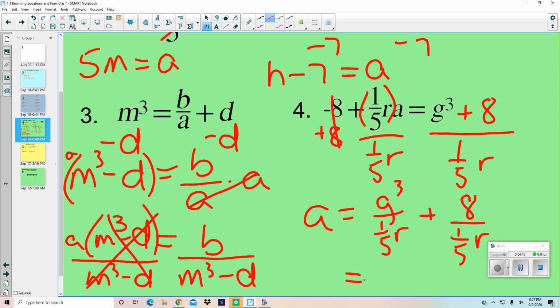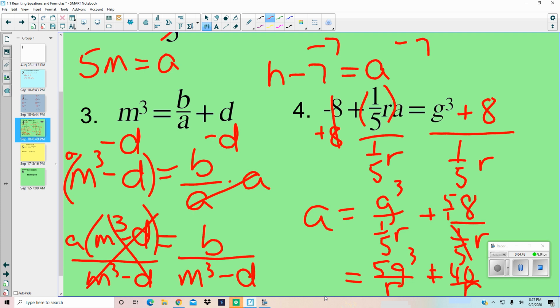So this 1/5, I can flip around to the numerator and make it a 5. So 5G cubed over R, and I'm going to multiply by 5 over 1 here, so that's gone, plus 40 over R. Take a look at the solutions and how they're writing them out in Delta Math, and that will help you to work through the problems.